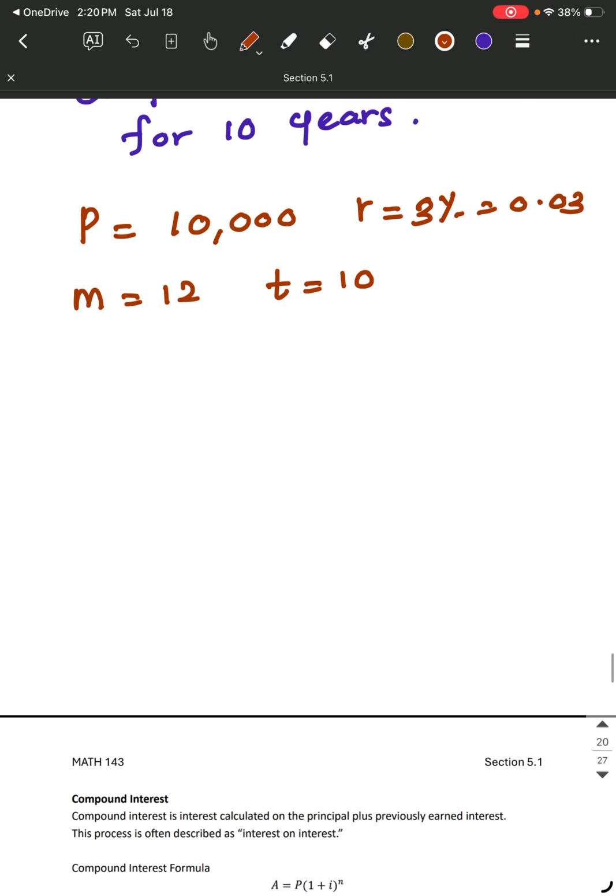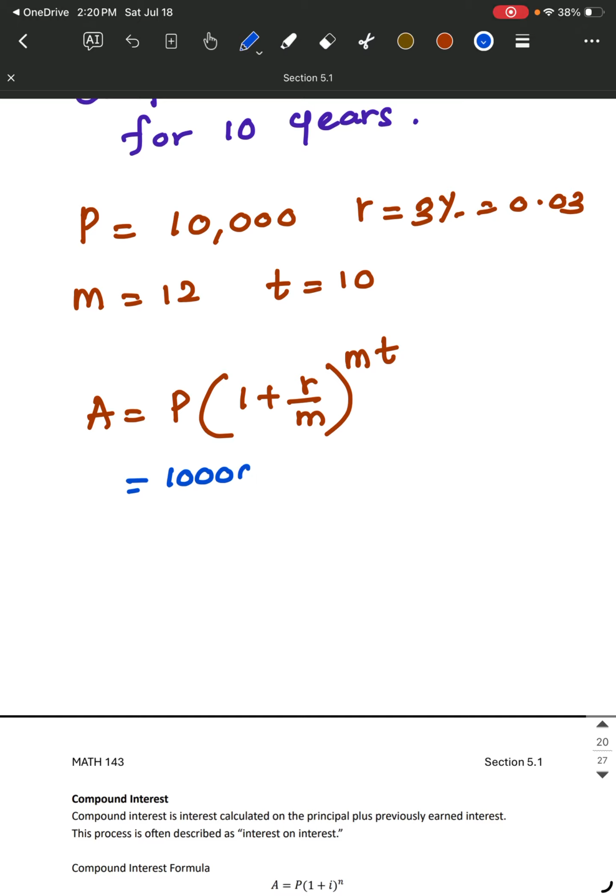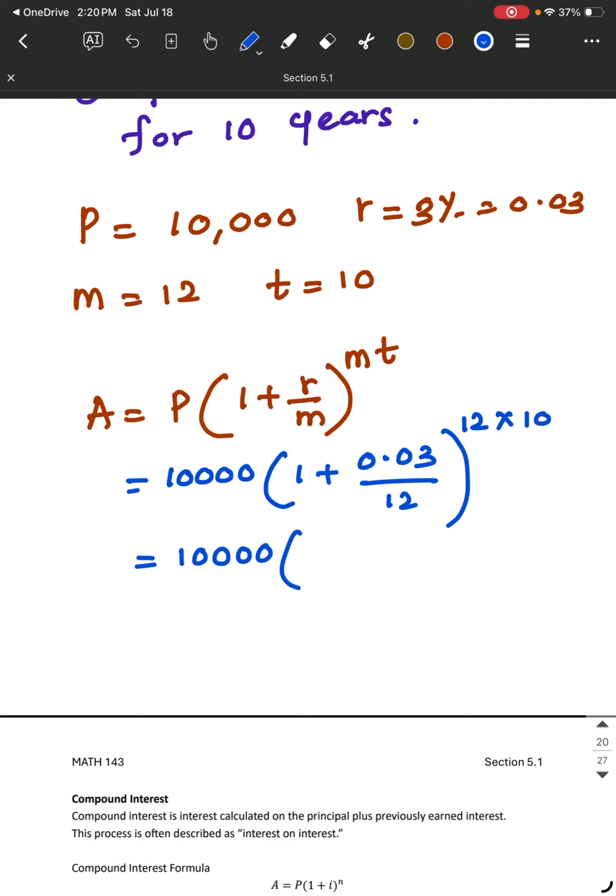So here we have A equals P times 1 plus R over M to the power MT. Let's substitute the values: P, 10,000, times 1 plus 0.03 over 12, to the power 12 times T, 120. You can use your calculators.